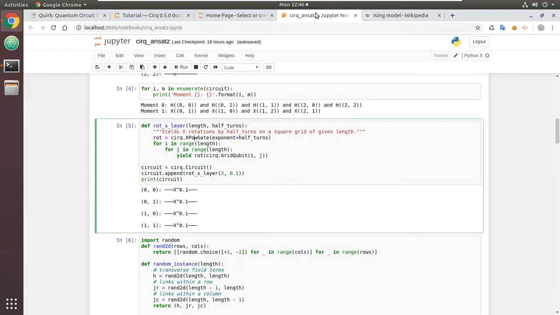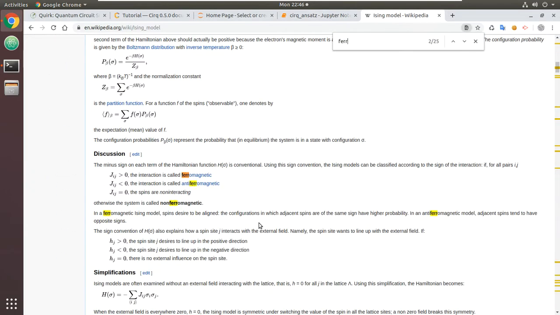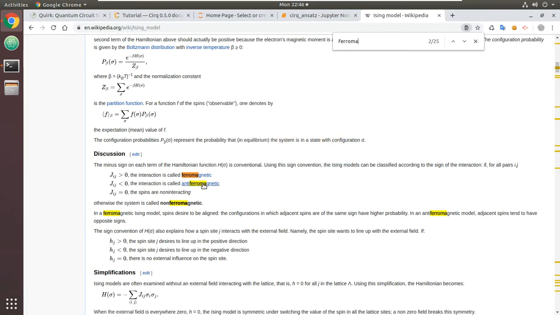So how are we gonna do this? Basically, what was here about ferromagnetic? If the J value is positive, it is considered ferromagnetic. If it's negative, it's considered antiferromagnetic.